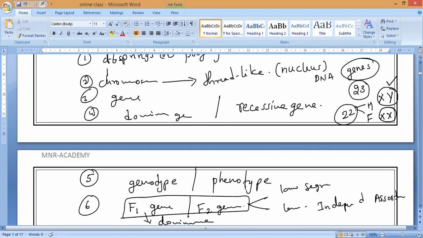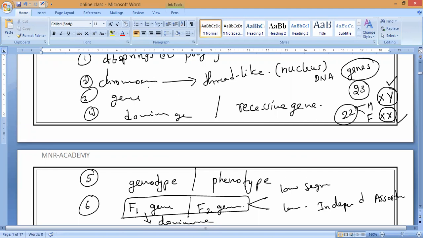In male, it is the XY chromosome, and in female, it has two X chromosomes, that is, XX. This is the number of chromosomes present in the human body. Like that, different organisms have different numbers of chromosomes. It varies from organism to organism.